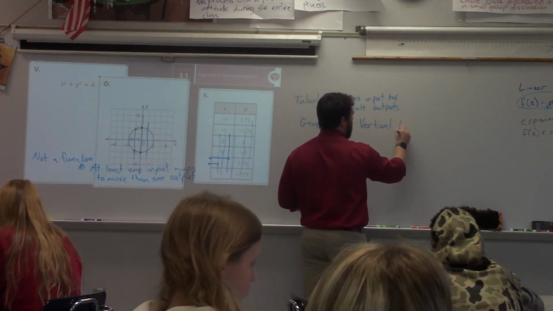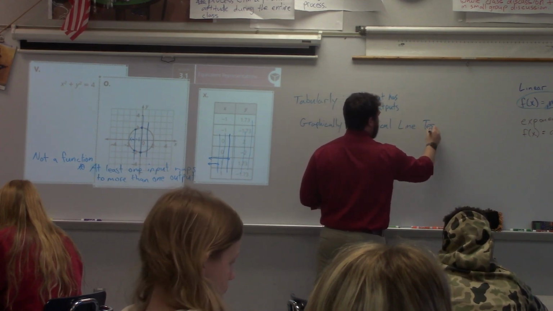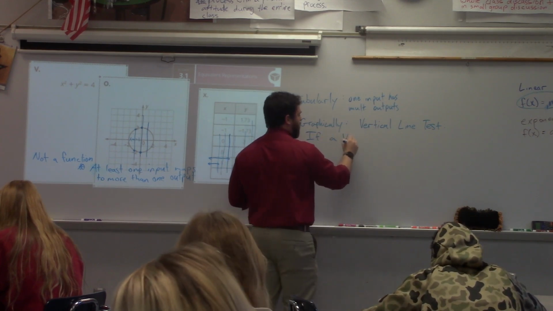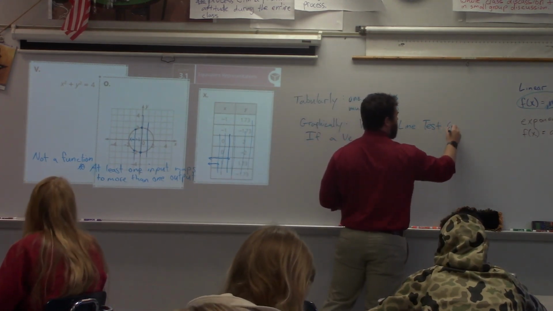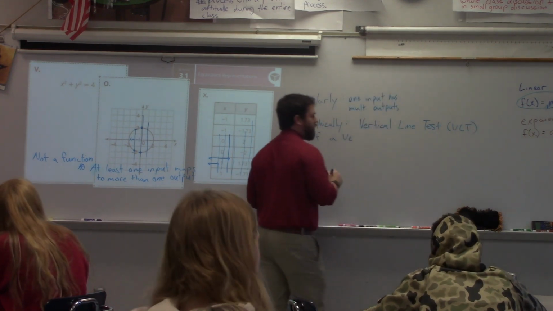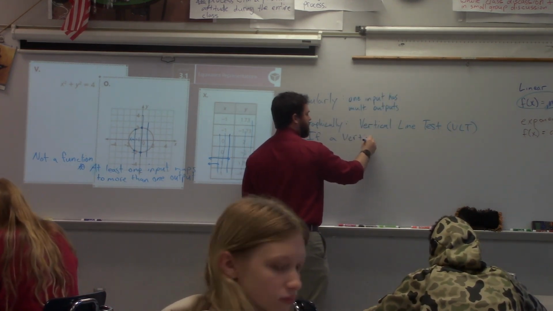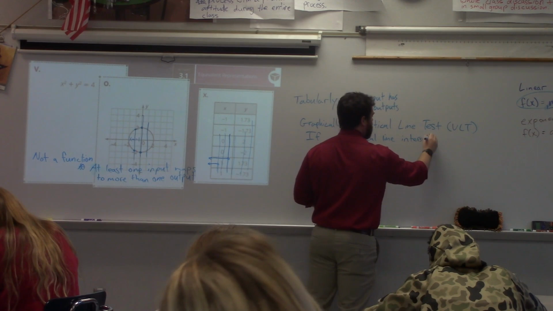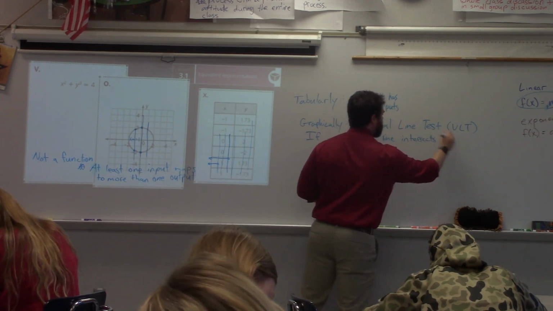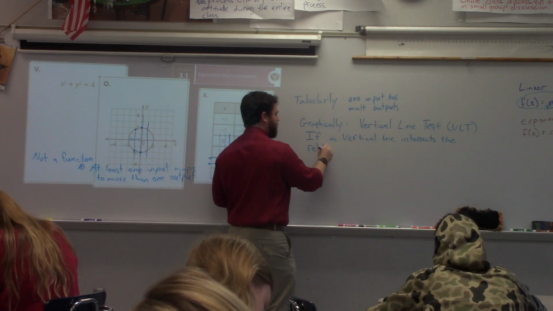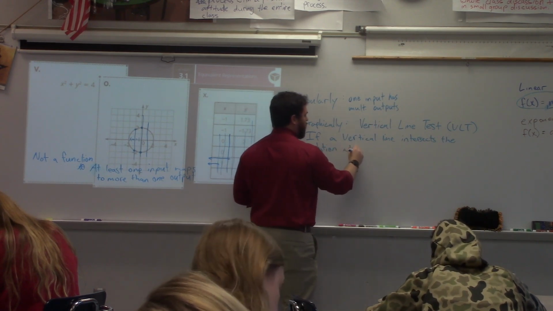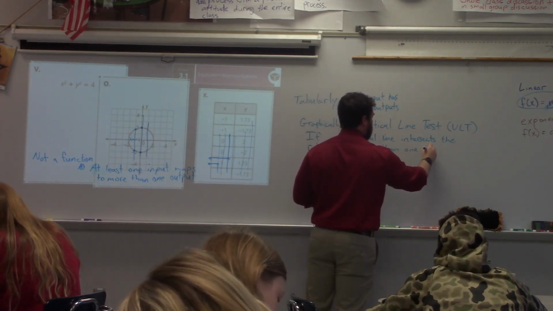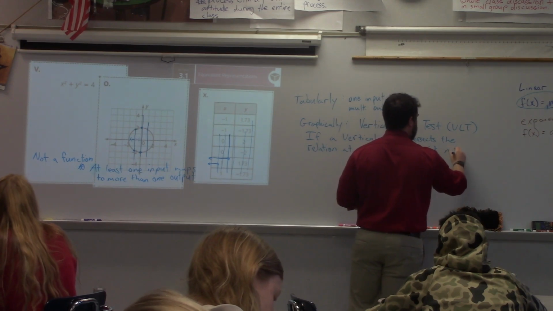This is known as the vertical line test. This is a very common way to test if it's a function. The vertical line test, which by the way we usually abbreviate to VLT, so if you see that abbreviation, that's vertical line test. If a vertical line intersects the relation at more than one point, not a function.